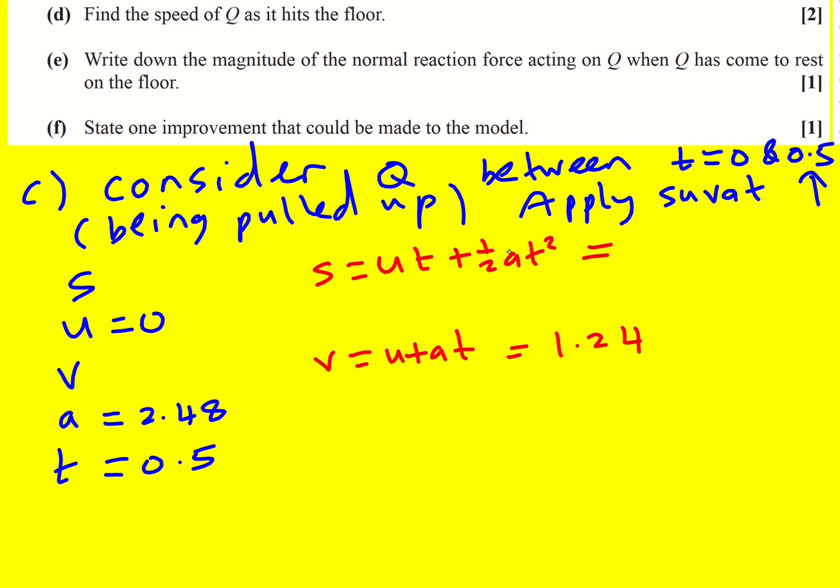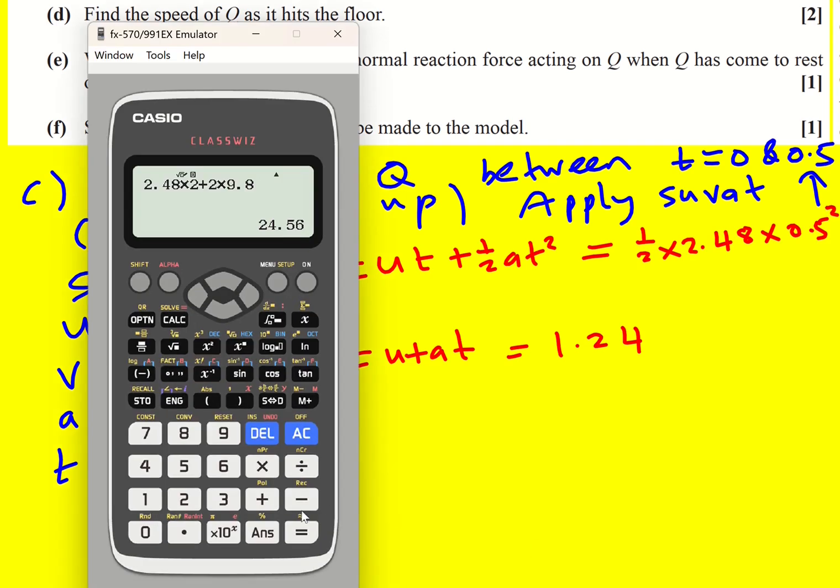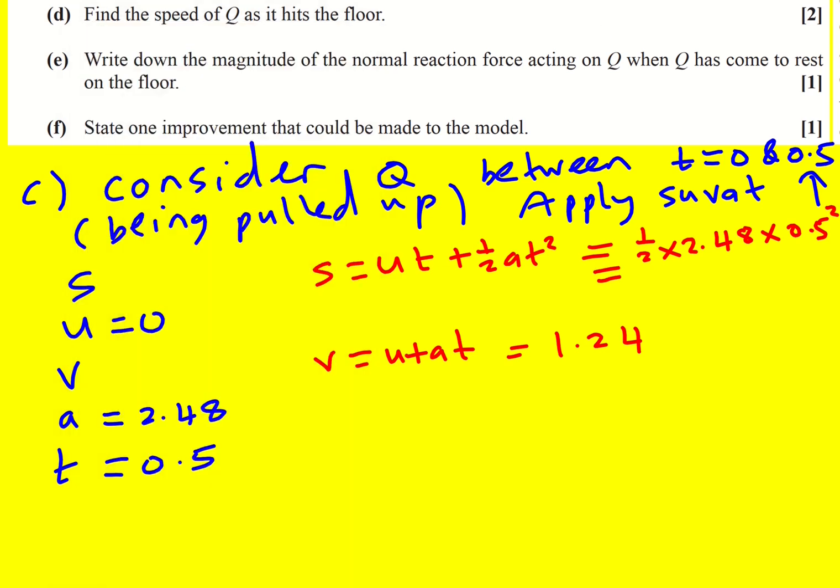So u is 0, so it's just going to be a half times 2.48 times 0.5 squared, which gives 0.31. So it's moved up 0.31 meters in that time.